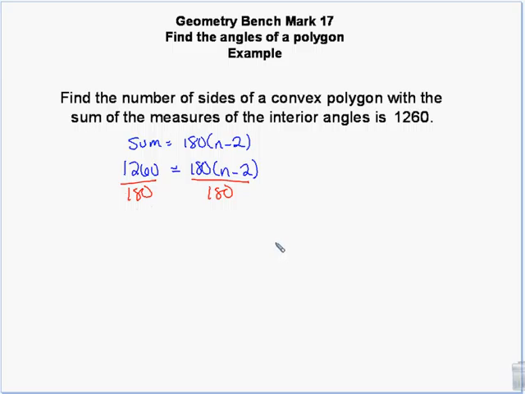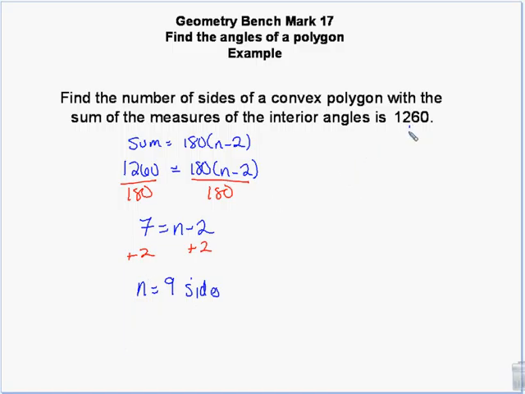So I have 1260 divided by 180, and that gives me 7. And that's what n minus 2 equals. Add 2 to both sides, and you have 9 sides.